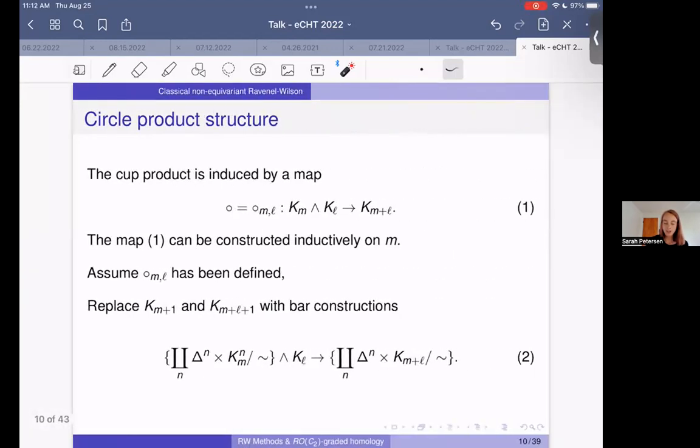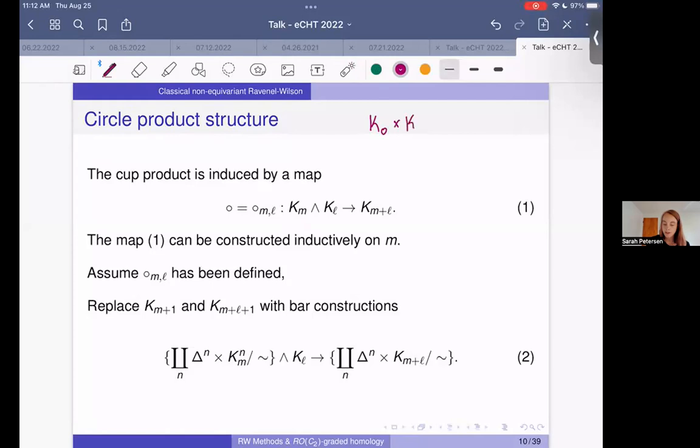And there's structure that we haven't yet used, namely the circle product. So the circle product is induced from a map going from Km and Kl to K(m+l). And this can be constructed very explicitly by induction on m. So since this is an inductive construction, I should probably give you the base case.